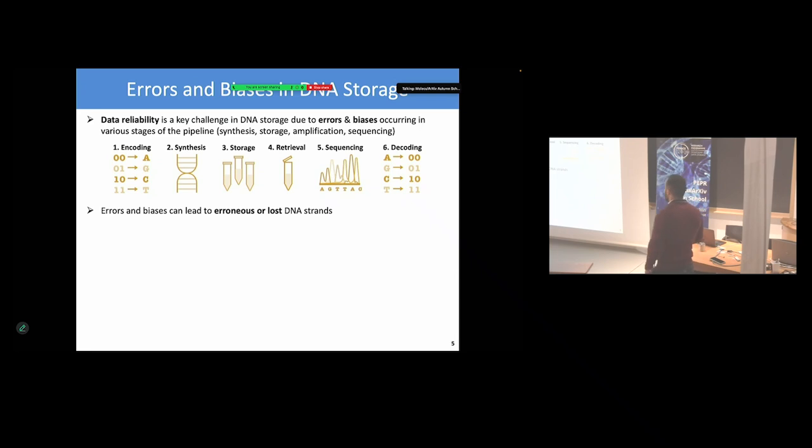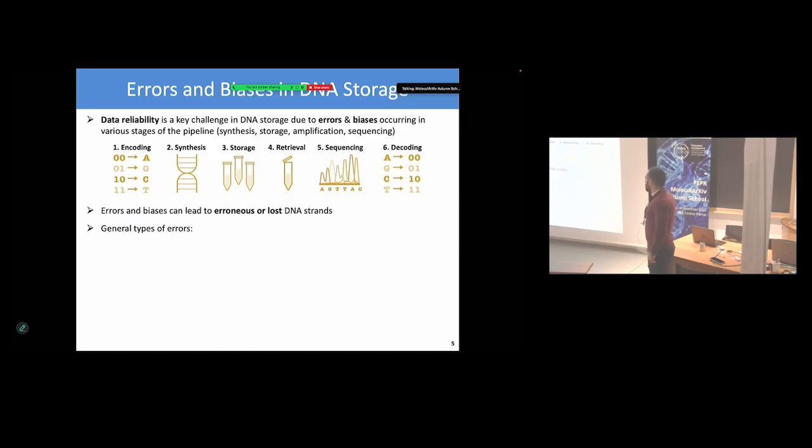Erroneous, obviously, because you can have deletions, insertions, and substitutions in the nucleotides, and lost because of the bias. Sometimes you have amplification bias. Some molecules get amplified more than others, and this bias can become even worse when you sequence the data. So you will have an unequal representation of the data you have.